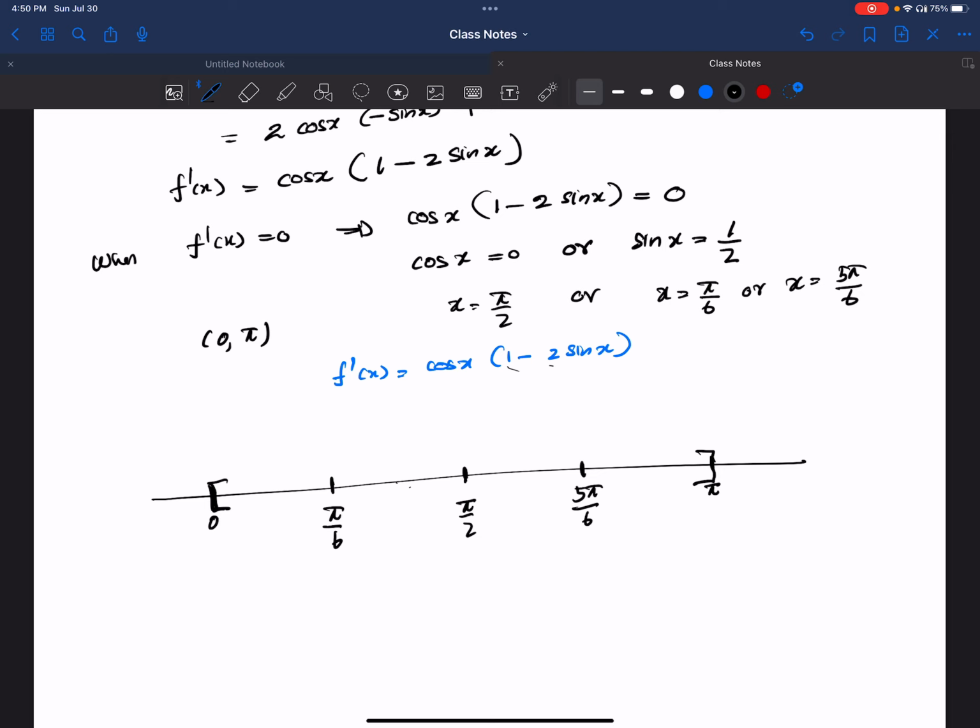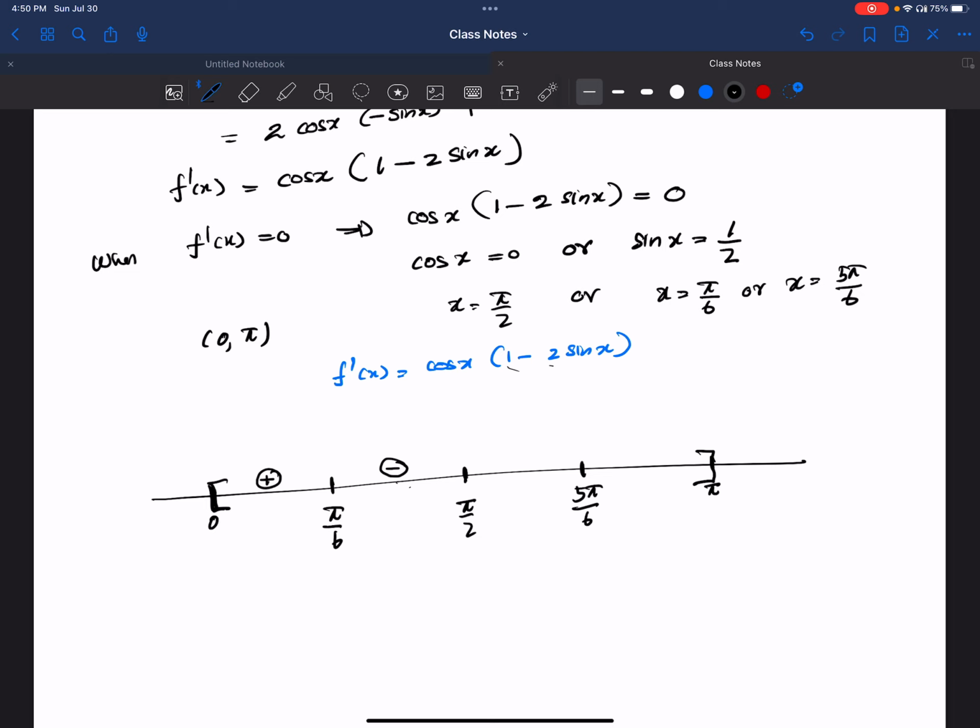This is a positive region. And then if you consider pi over 4, you get square root of 2 over 2, so one factor is positive and the other is negative, giving a negative value.